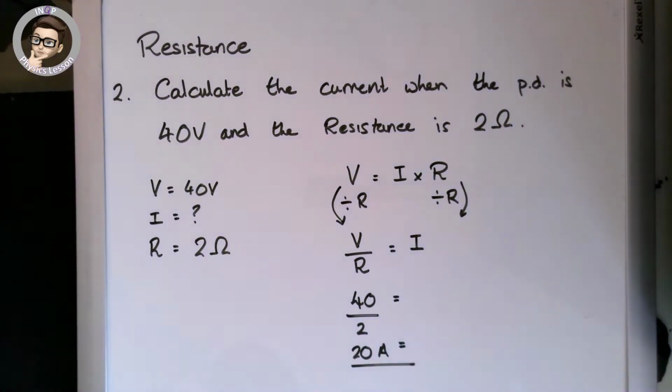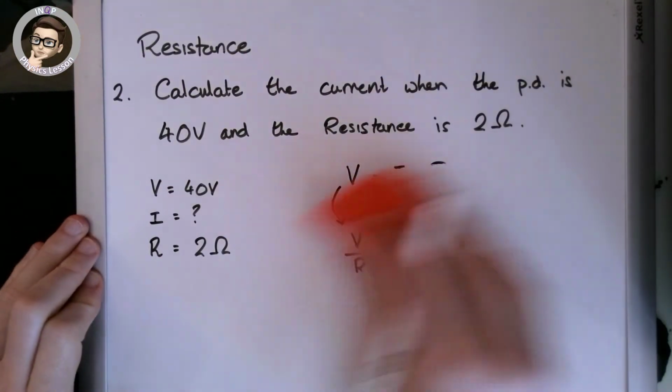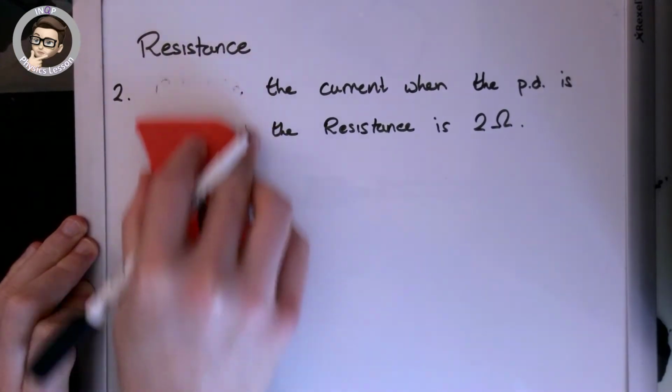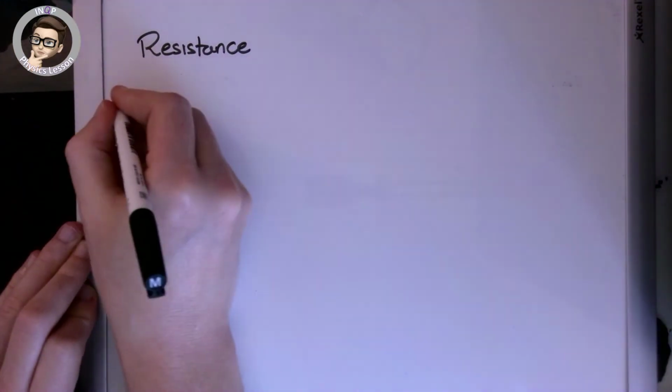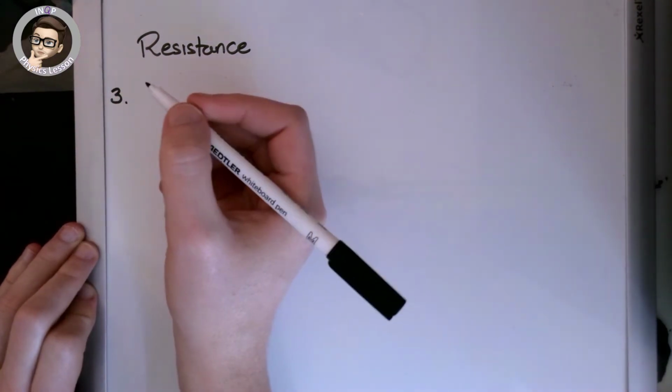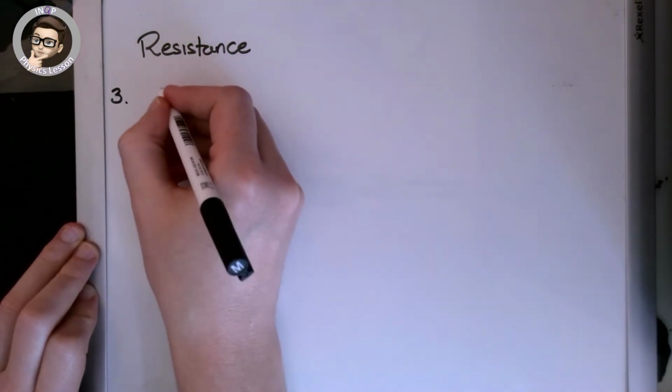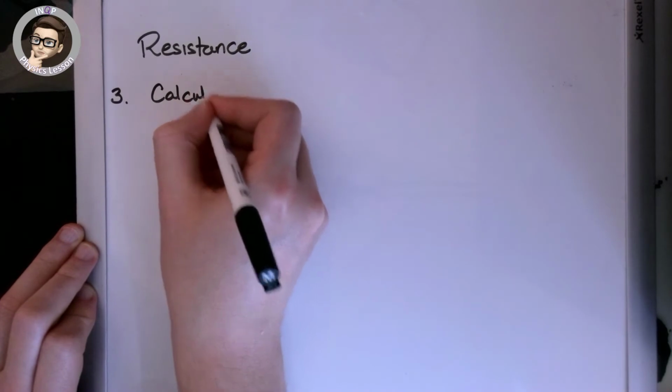So there's example 2. So we've looked at resistance, we've looked at current. Example 3, let's see if we can calculate the potential difference. So example 3 is going to be calculate V, also calculate the potential difference.